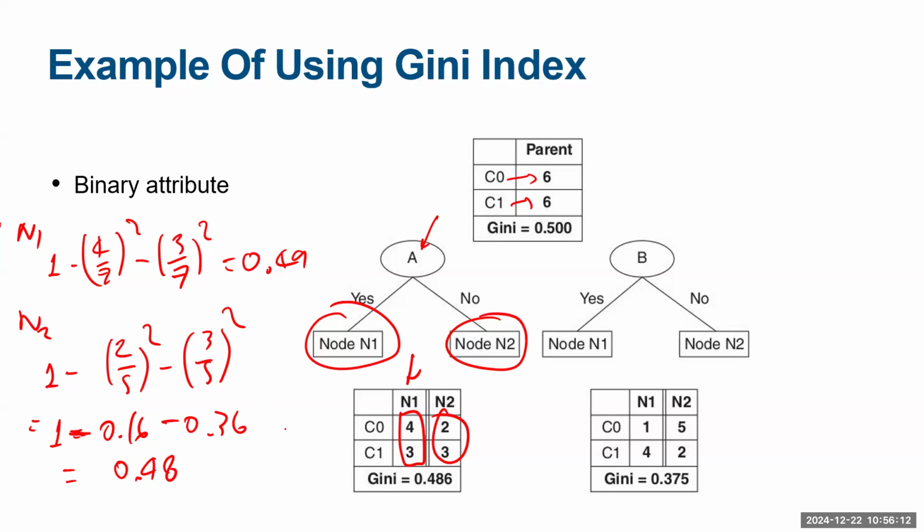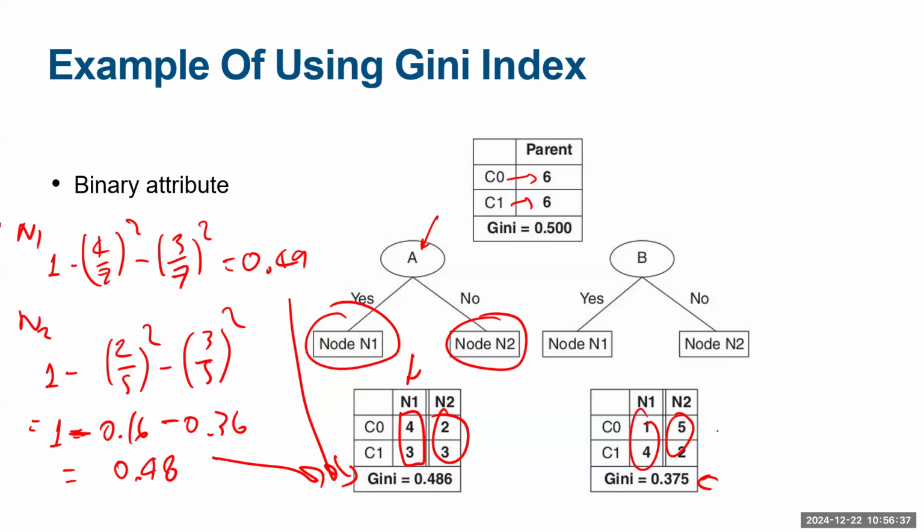So basically, the Gini here is the average of the two, weighted by node size. You take these two and then you take the average.